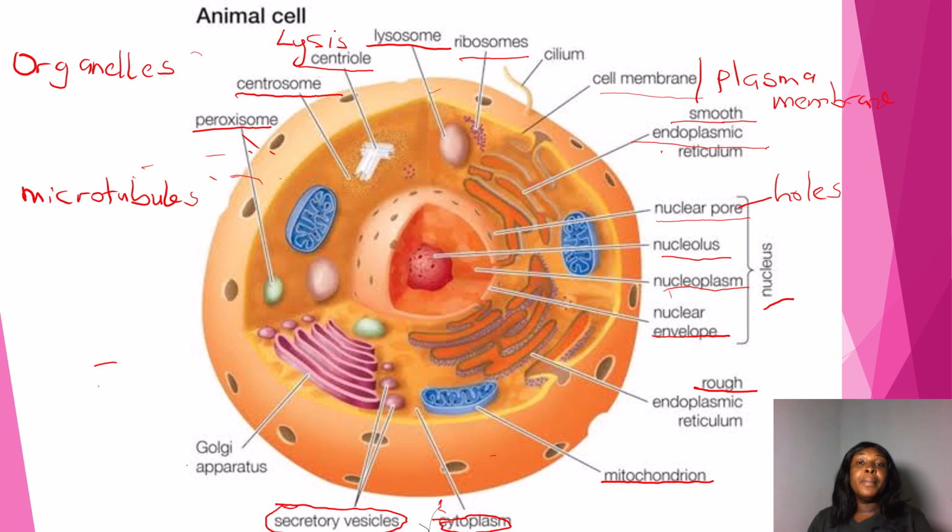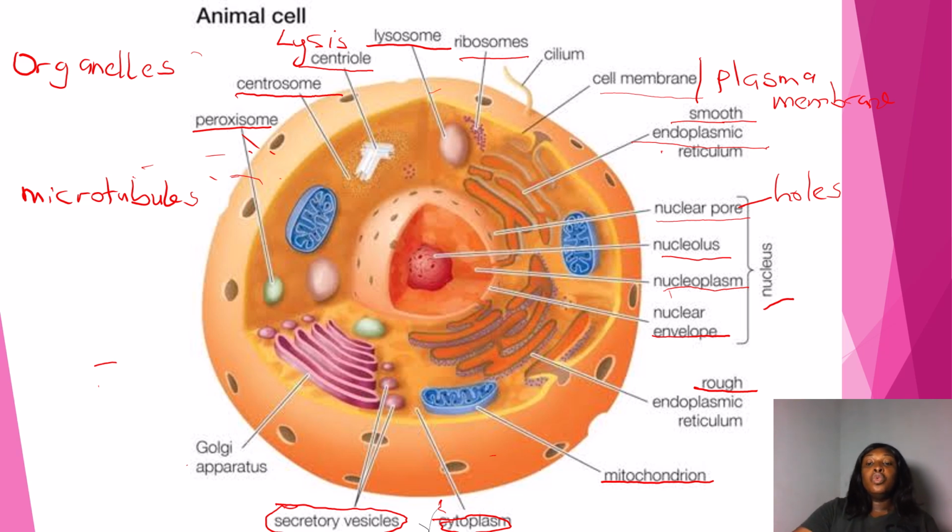When I talk about modification, it means changes. So once the cell produces proteins and lipids, the Golgi apparatus is responsible for changing the molecules of these proteins and as well packaging and distributing them within the cell.